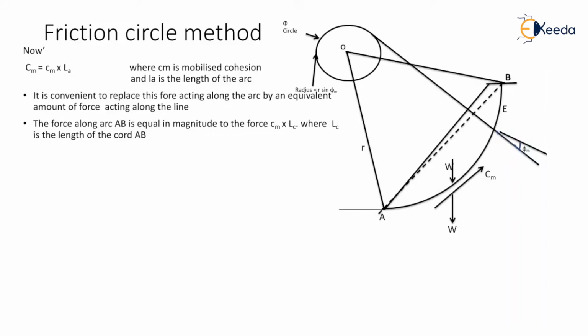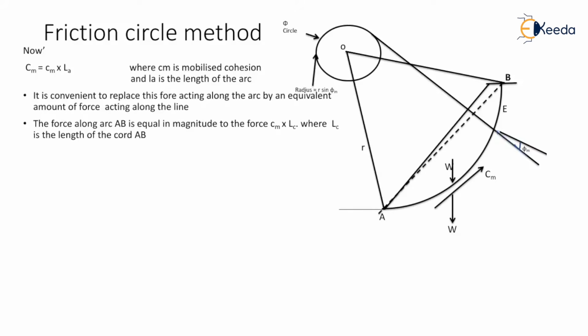So, as per our assumption, the mobilized cohesion along the slip surface AEB, which is curved, is equal to the mobilized cohesion along the straight line AB. But obviously, length of curved surface AEB is more than length of chord AB. Hence, cohesive force along AEB will be more than cohesive force along AB.